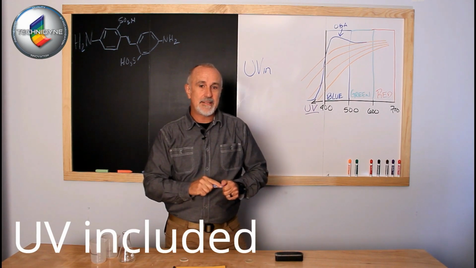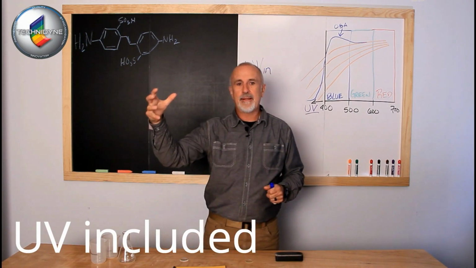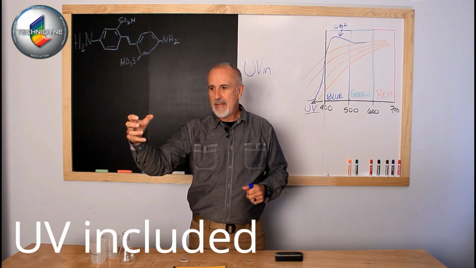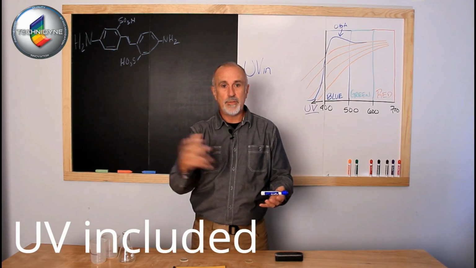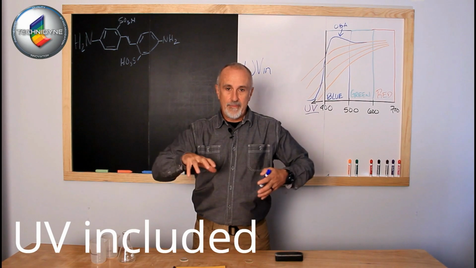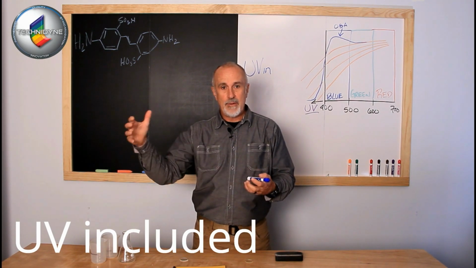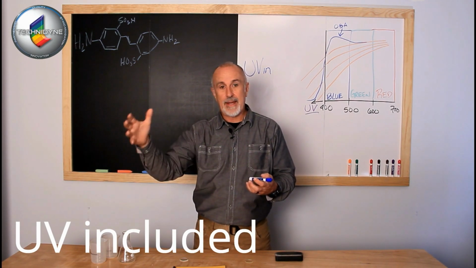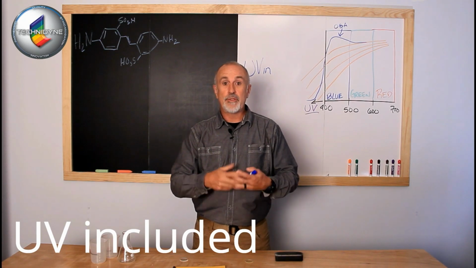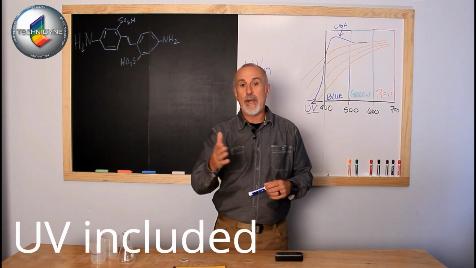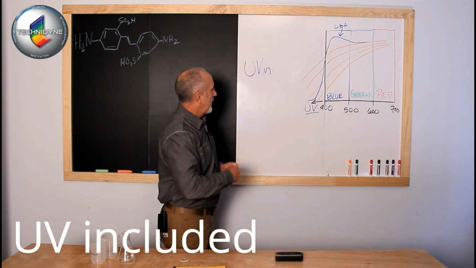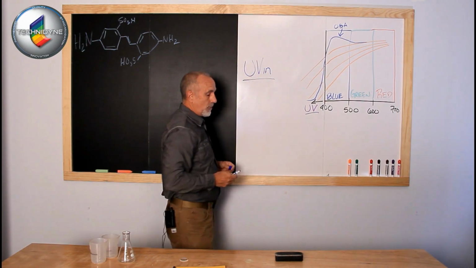What that means is that if there is ultraviolet energy in the light source of that instrument, that ultraviolet energy is included in the measurement. It's going to illuminate the sample, and if there's an optical brightener there and you have UV content in that light source, then that optical brightener is going to fluoresce, and that is going to be included in that brightness or whiteness number. So it is measured UV included.